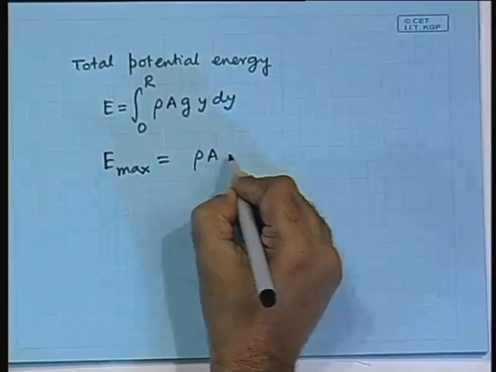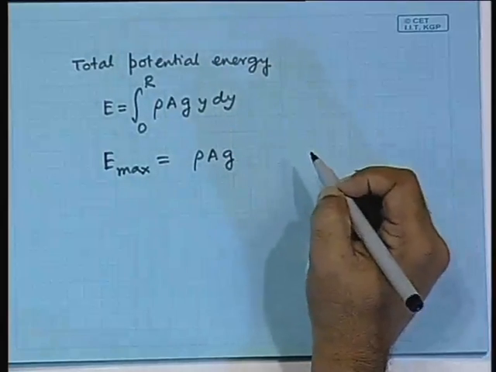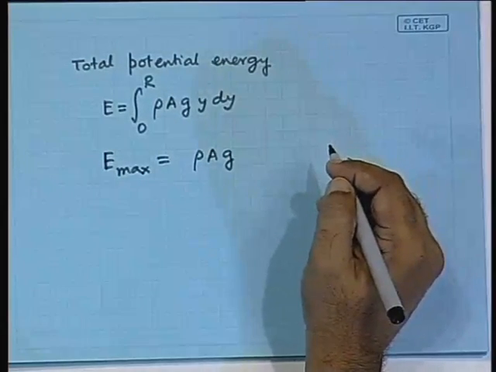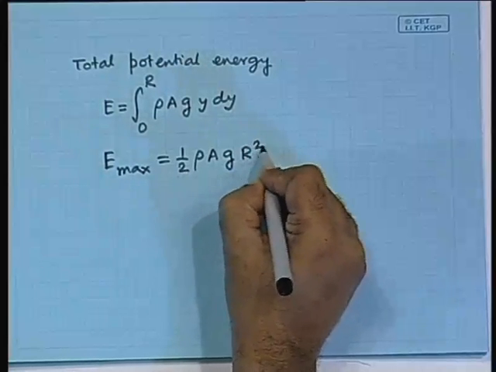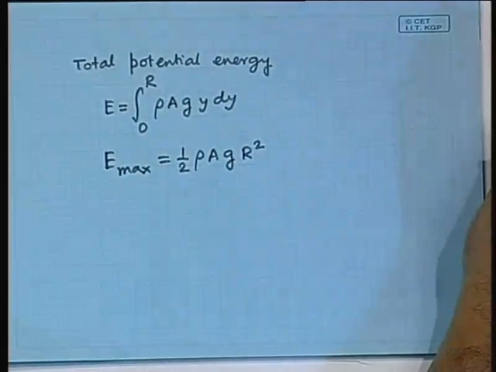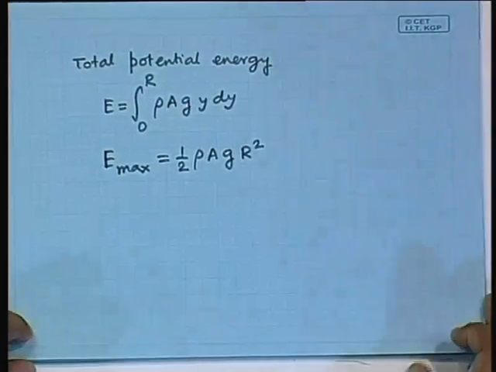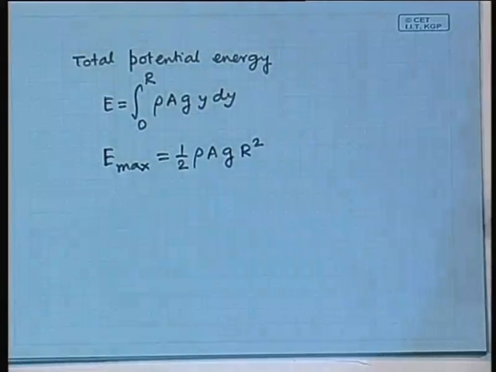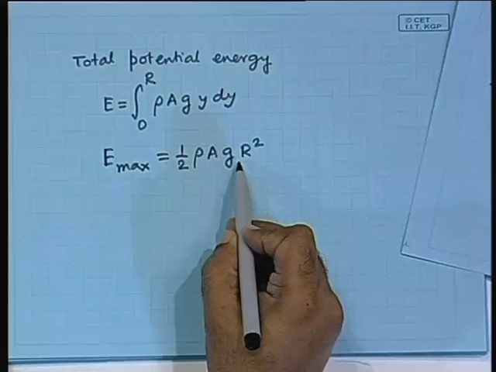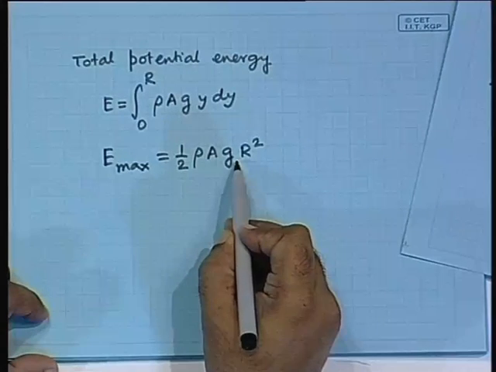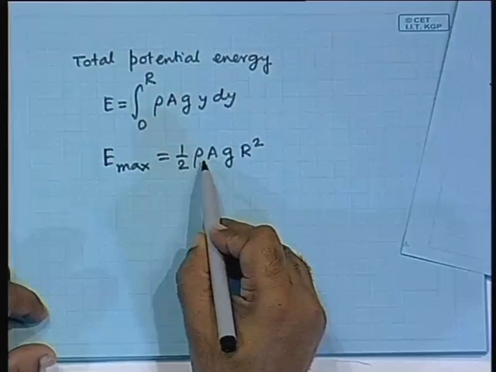E max is then rho A g, then how much? R squared by 2, yes. So, half. Now, you might notice that this is rho A g times R. What is rho A g times R?